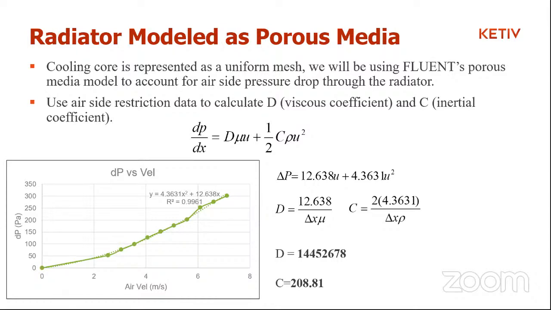So instead of actually modeling the geometry, we can use something called the porous media formulation, in which it is very simple for you to just specify some resistance coefficients that will essentially mimic the same effect of having a restriction, geometrically speaking, in the flow.